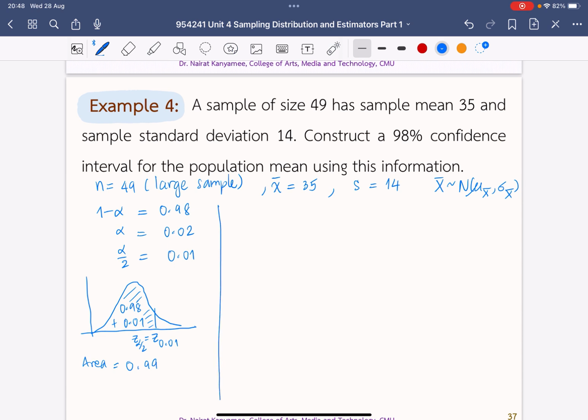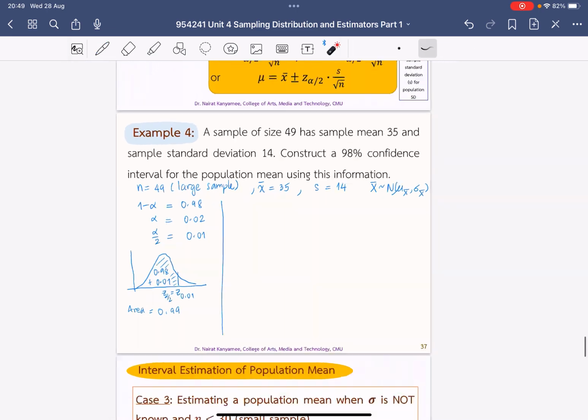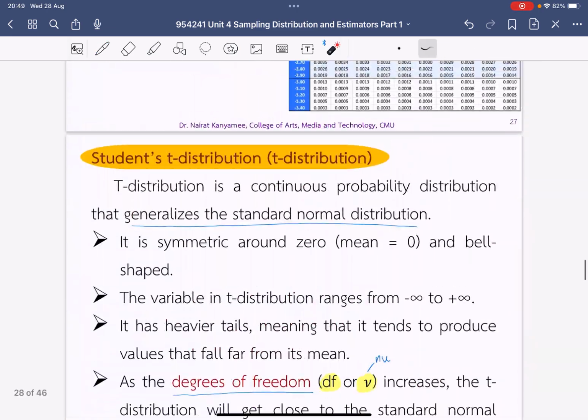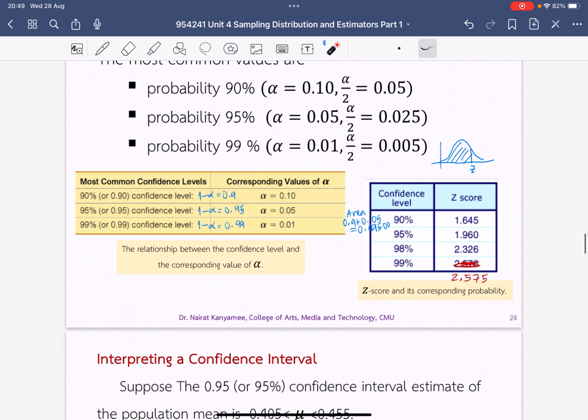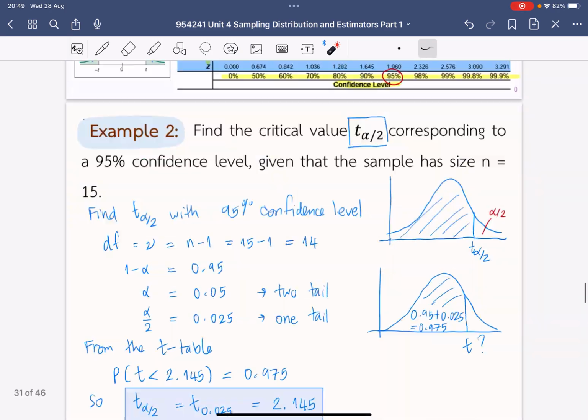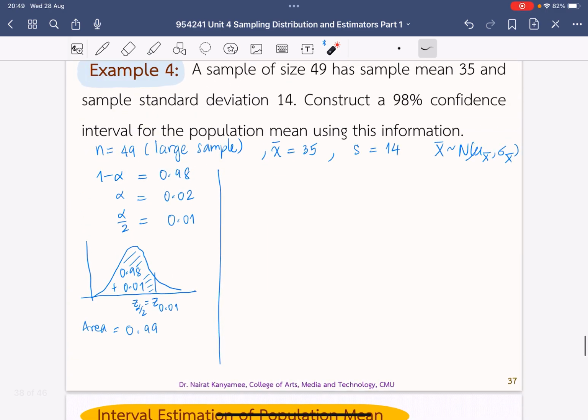From the table, z.01 is 2.326. We just look at the table.